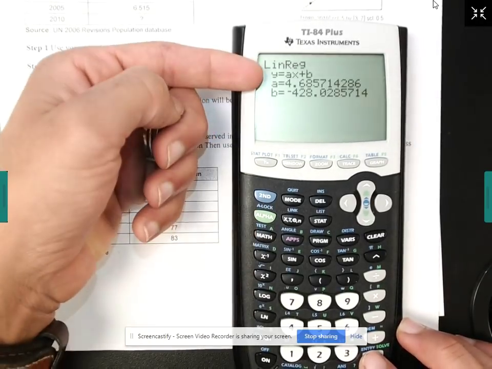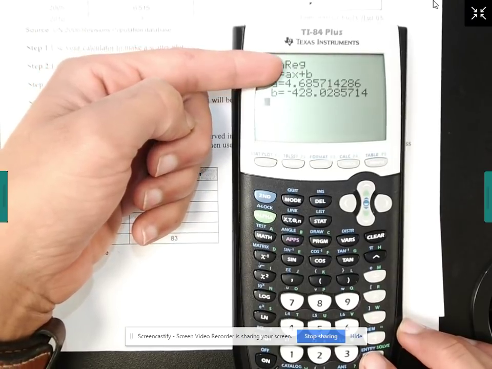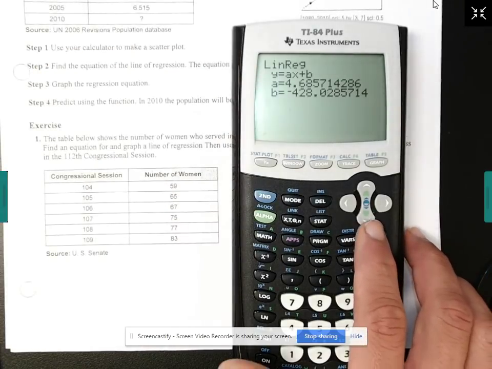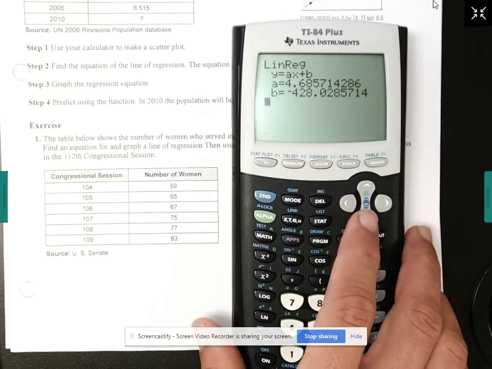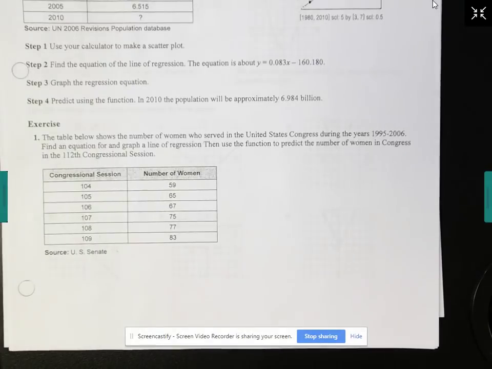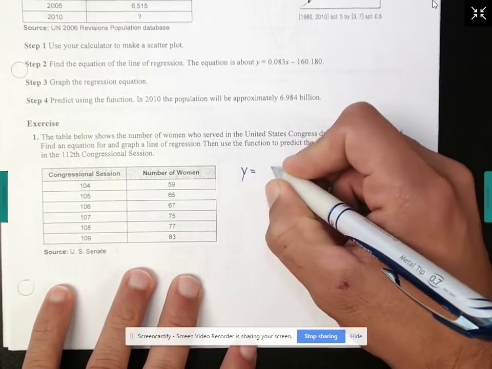And this right here tells you what equation I have on here, which is a linear one. Notice that I have ax plus b, which is the form of a linear function. And a is 4.6857, and b, which is the y-intercept, is negative 428.028, and so on. All right, so I'm going to write that down, because that's the equation that I came up with for the line of regression.